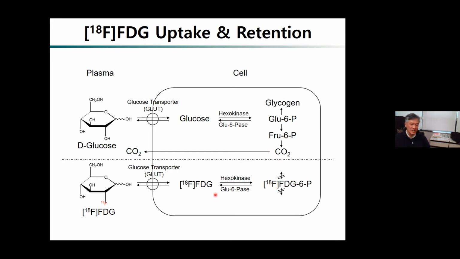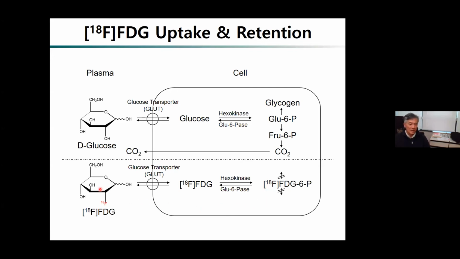But FDG, after one monophosphorylation, they identified this F18 labeled compound is not the original glucose. So after the monophosphorylation, the FDG monophosphate is retained in the cell.